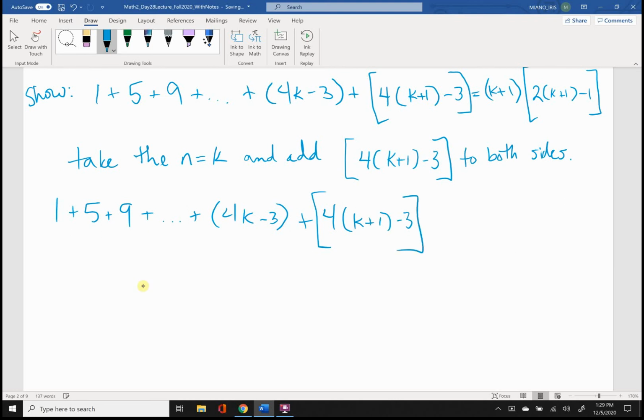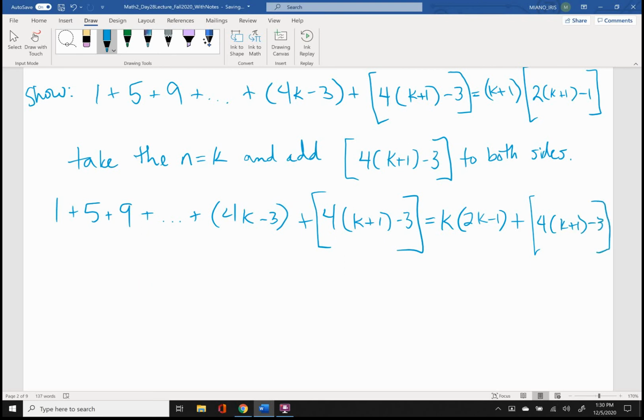This is just me adding it to the left-hand side, this k plus first term according to the sum, and that's going to be equal to k times 2k minus 1, but then add this to it. So this was the n equals k case on the right-hand side, but then add to it the thing that we were adding to both sides to that n equals k case. So that'll be 4 times k plus 1 minus 3.